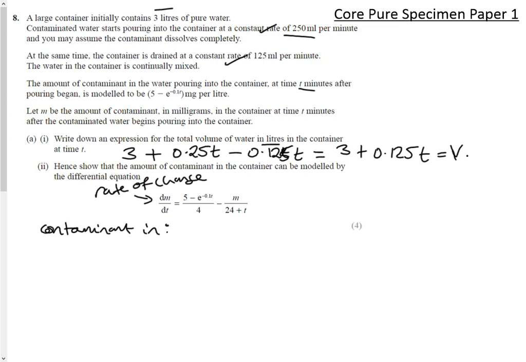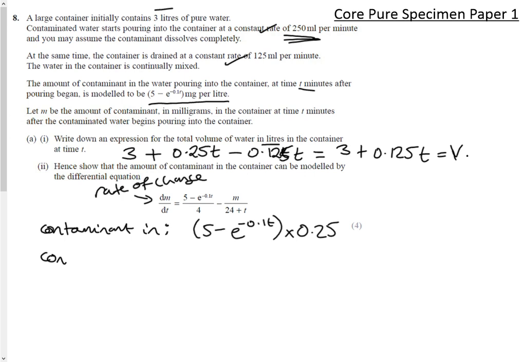So how much is coming in? The amount of contaminant in the water pouring into the container at time t minutes is modelled to be this much per litre. So we're going to have that expression, but there's not 1 litre coming in, it's coming in at a rate of 250 millilitres, so I need to times that by a quarter.